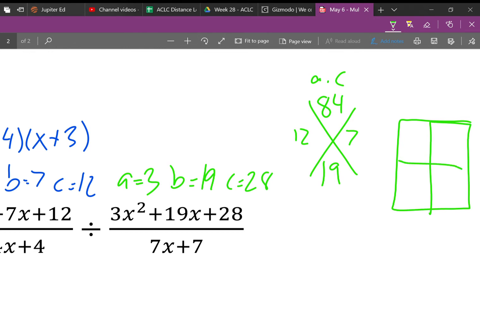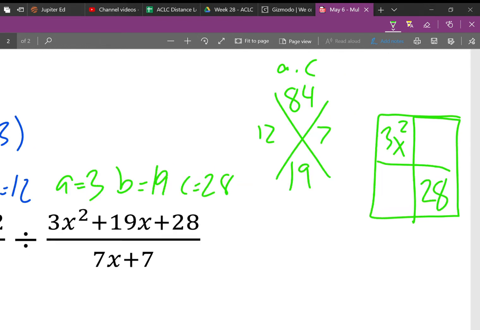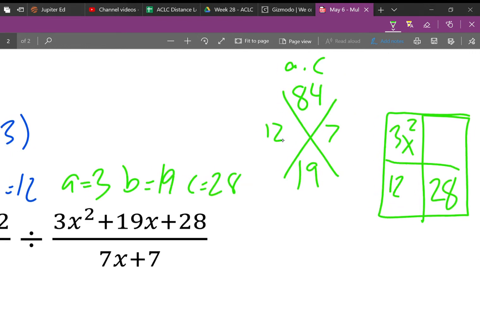And I'm going to have my first term, 3x squared, in the top left box. My constant term, 28, in the bottom right. And then these other two boxes get my 12x and 7x. Now, it's pretty obvious I don't want to put my 3x in front because then I'd have trouble making 7.